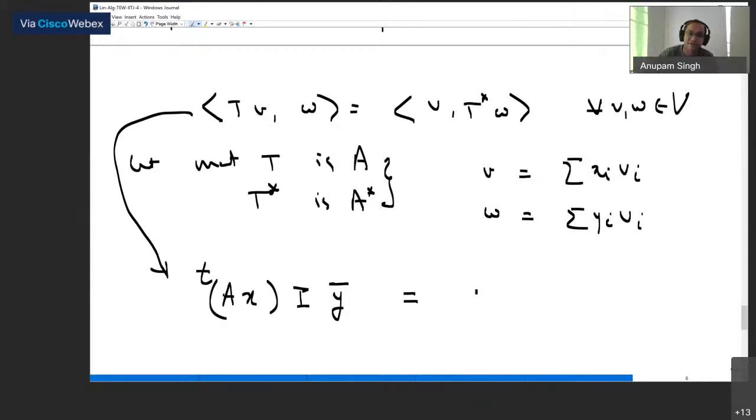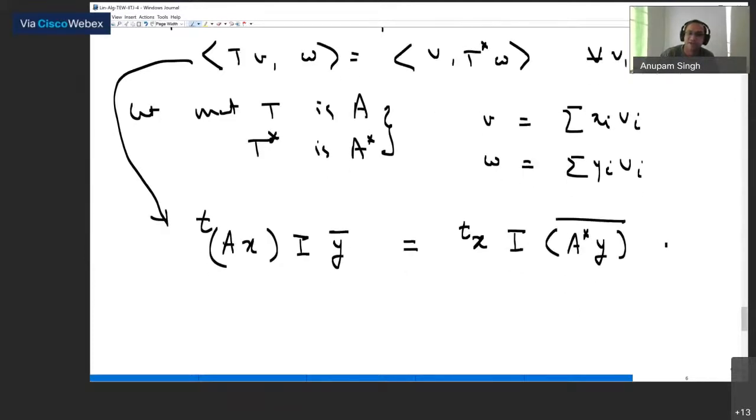And the right hand side is going to be X transpose, the matrix of the form, which is identity, and I have to get the matrix of T star W. So T star has the matrix that I am calling A star, and W corresponds to the vector Y, and then bar here, right? And this is happening for all column vectors X, Y.